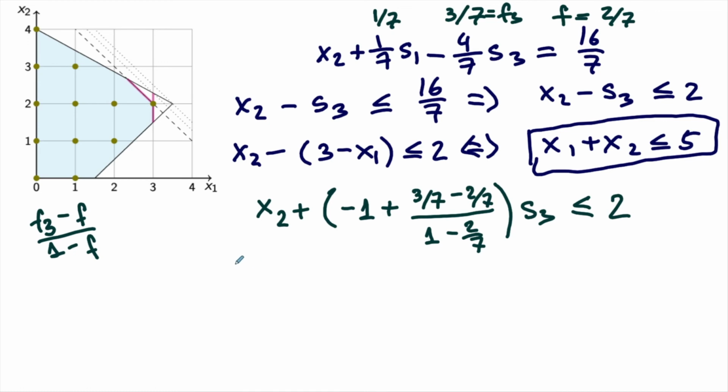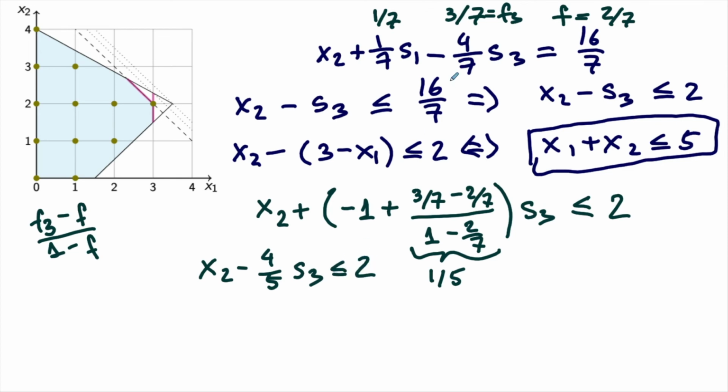As a result, the equivalent expression will be x2. This part is going to give us 1/7 divided by 5/7, so it's going to be 1/5. So minus 1 plus 1/5 will give us minus 4/5 S3 is less than or equal to 2.